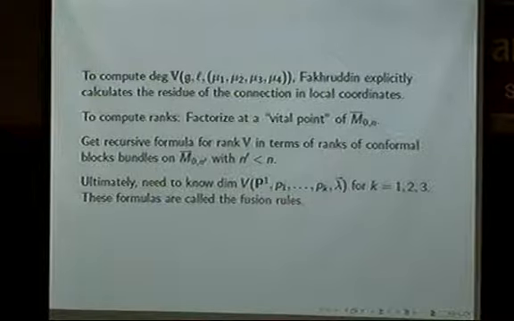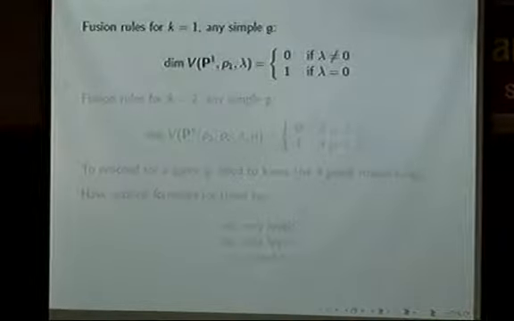Ultimately, though, you're going to have to know the formula for the ranks of these vector bundles when you have either 1, 2, or 3 marked points. And those formulas, again, these came from the physicists first. The set of numbers like this are called the fusion rules. Okay, for 1 point, the fusion rules are pretty simple.